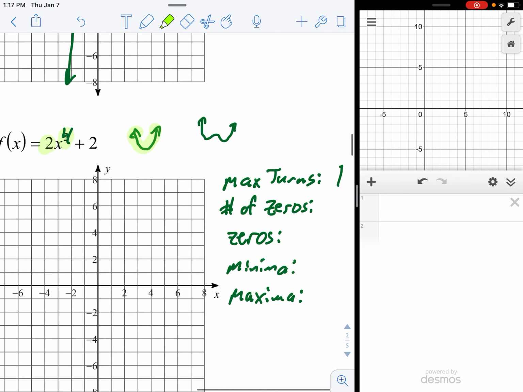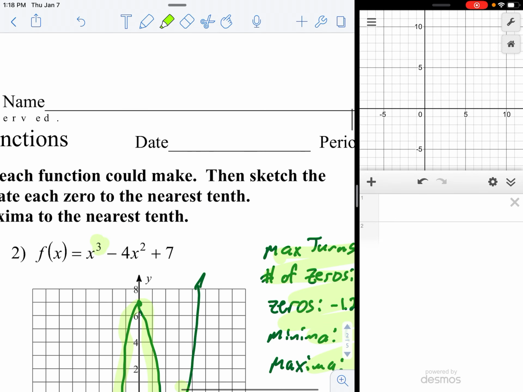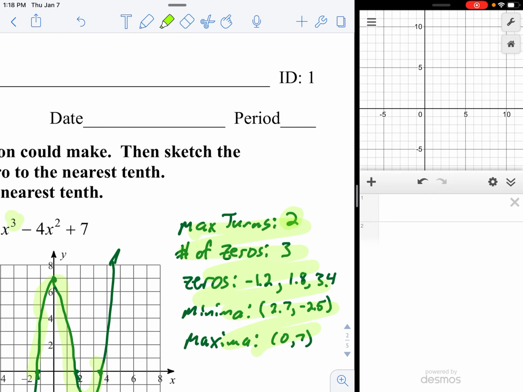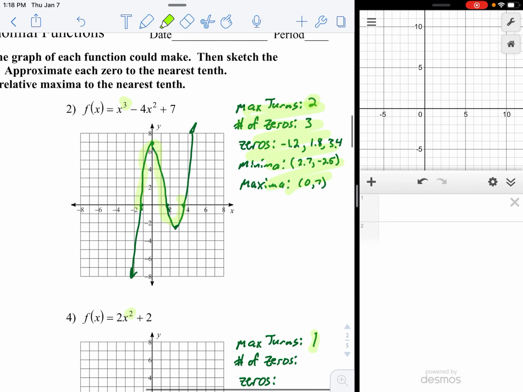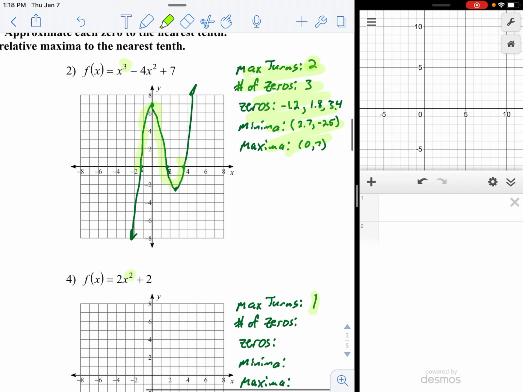Anyway, a 4th power could create a W which has 1, 2, 3 turns to it. And it turns out the maximum number of turns is always 1 less than the degree. So a 2nd degree has a maximum of 1 turn. A 3rd degree has a maximum of 2 turns. So that is the secret for answering that maximum number of turns question.